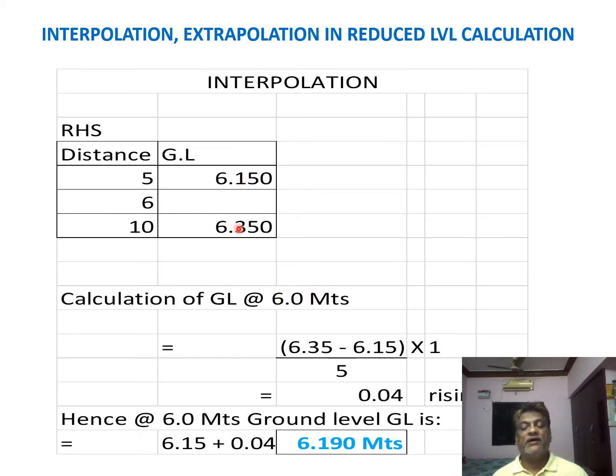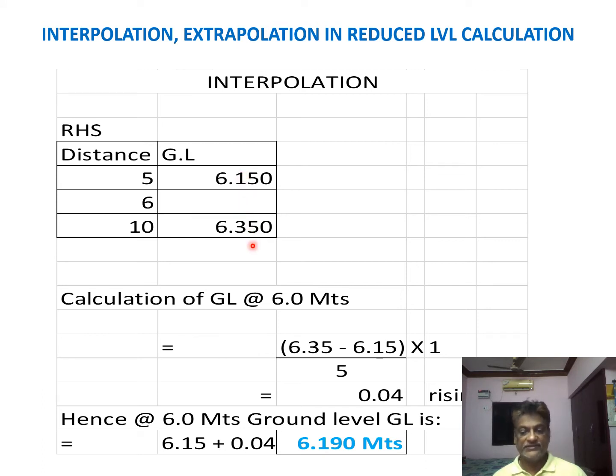The calculation is the difference between these two levels, 6.35 minus 6.15, and the distance between these two levels is 5 meters. Now from 5 meters we want the level at 6 meters, so the distance is 1 meter. The level is rising from 6.15 to 6.35, so the level at 6 meters is more than 6.15 and less than 6.35.